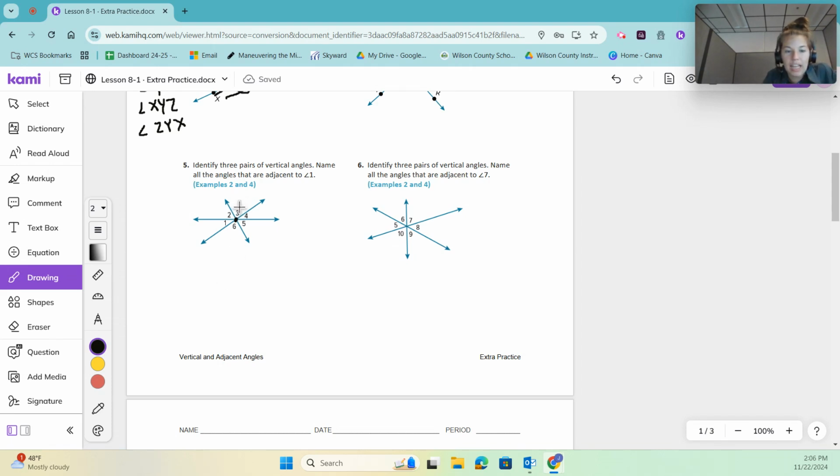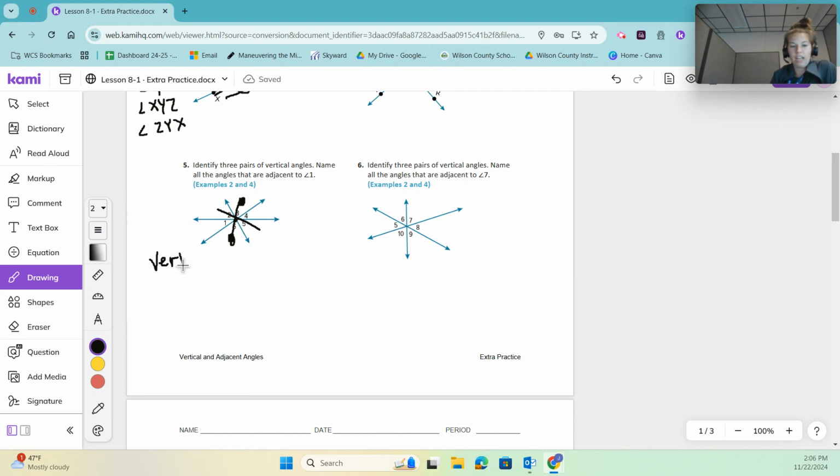So if we are talking vertical angles, they're directly across from each other through that vertex. If I went over here to 4, you see there's a bend in my line, so that does not work. Vertical angles are directly across from each other.